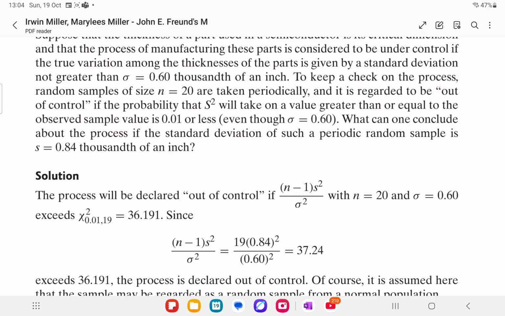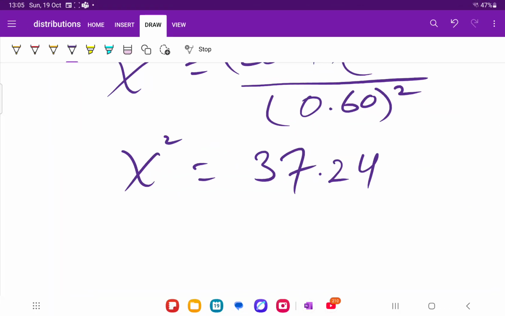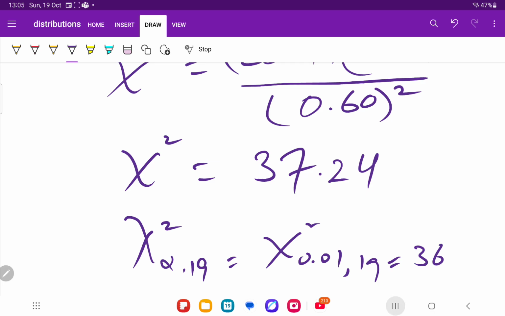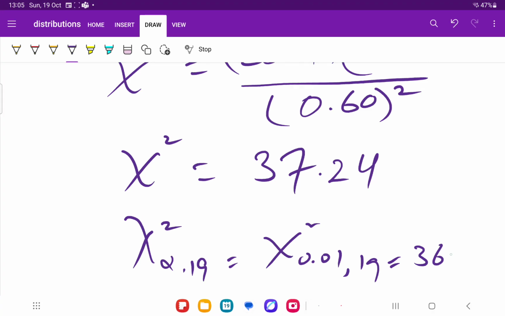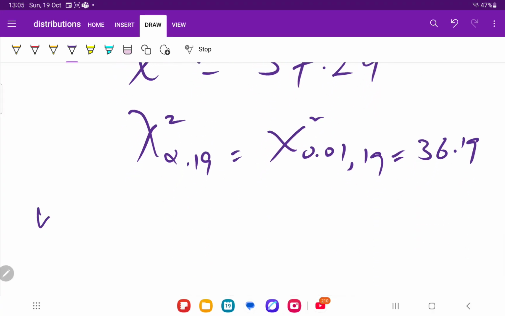Okay, chi-square alpha at 0.01 with 19 degrees of freedom is 36.19. So that is the rule.